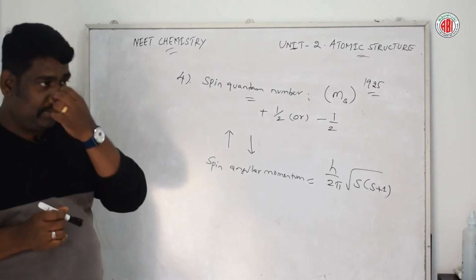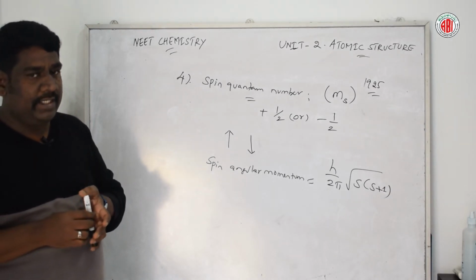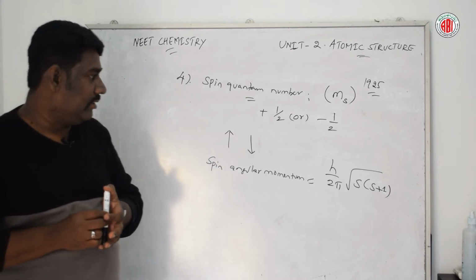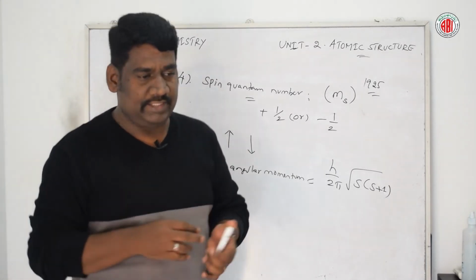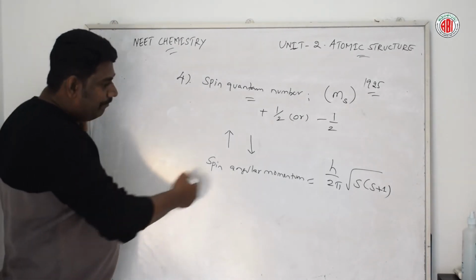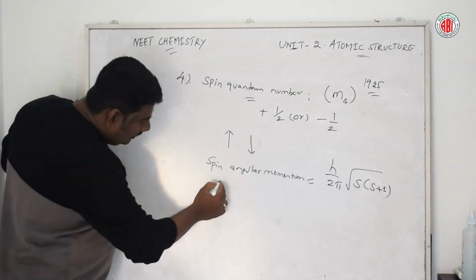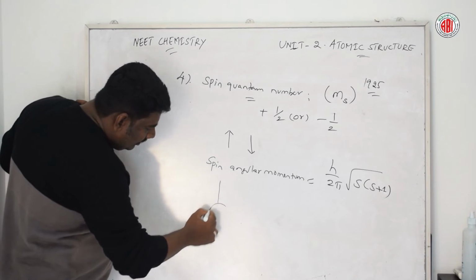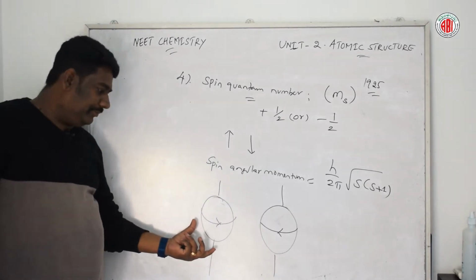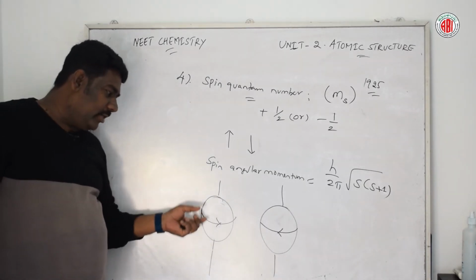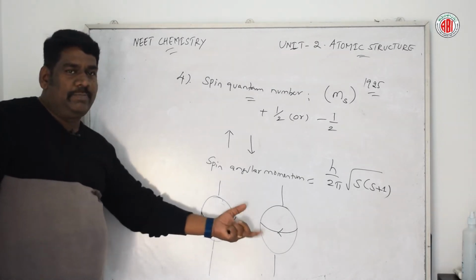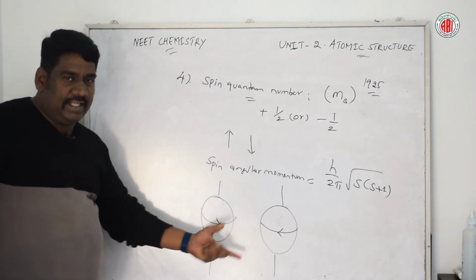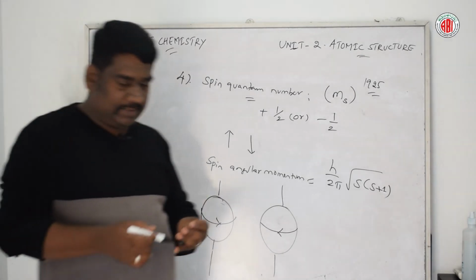By using this formula we can find the spin momentum of the electron, whether it is spinning clockwise or anti-clockwise. These two spins of the electron can be described by this small picture. This one explains the spinning of the electron anti-clockwise, and this one explains the spinning towards the clockwise direction.